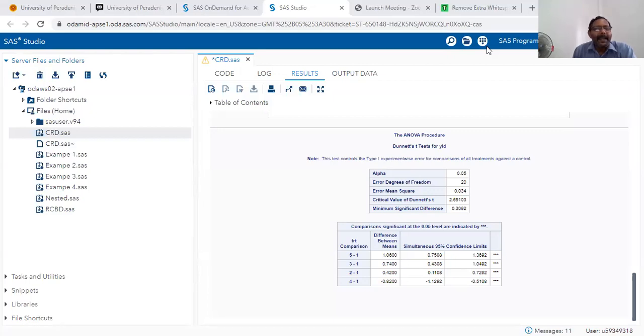Sorry, yes. Any questions? We will have to cover a little bit. Tomorrow we can cover this Latin square, then nested, then split plot. Right, these three.